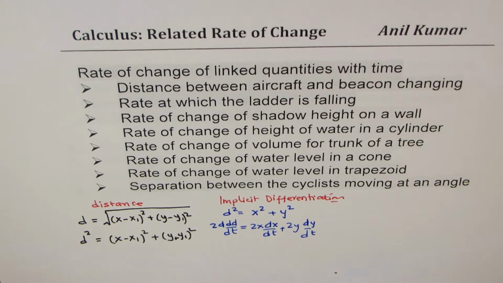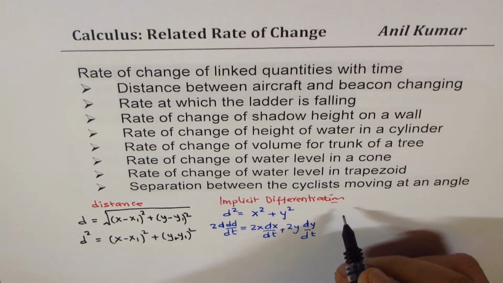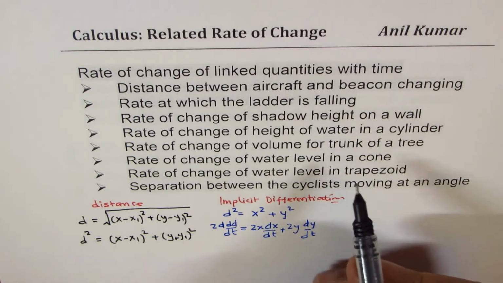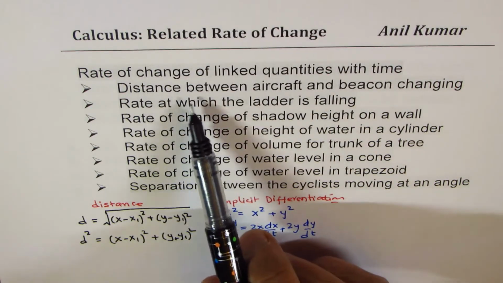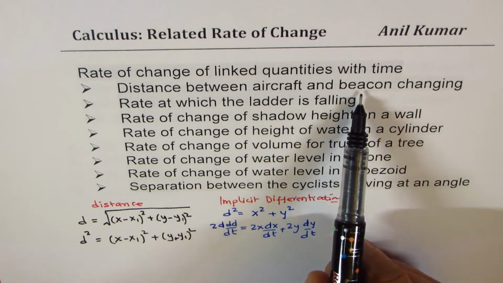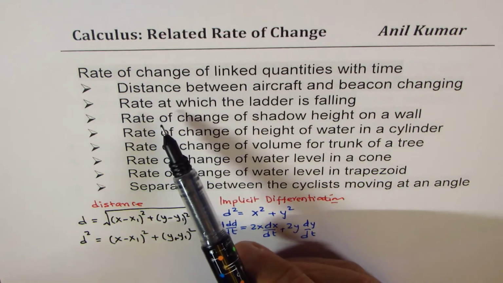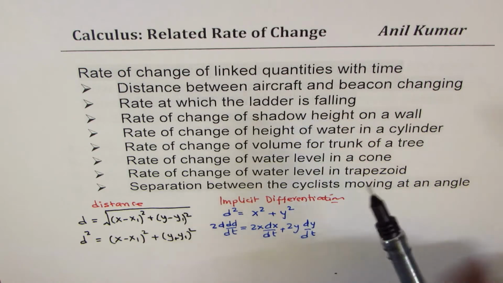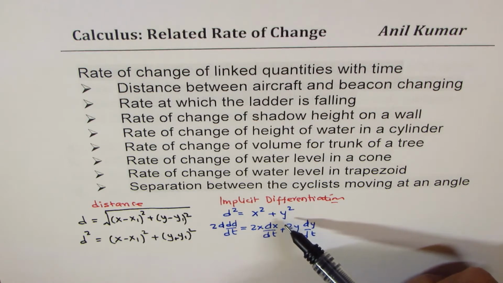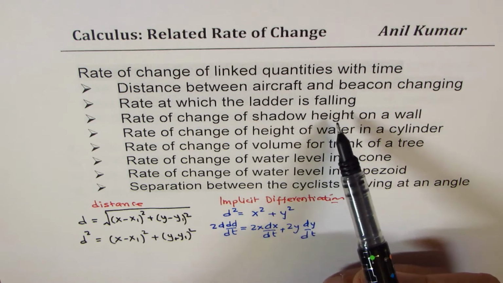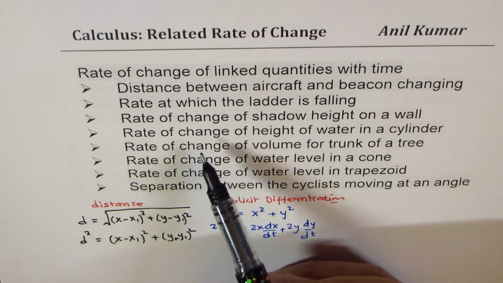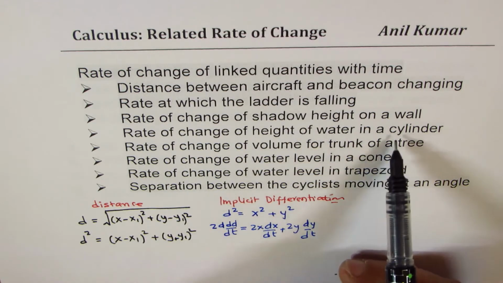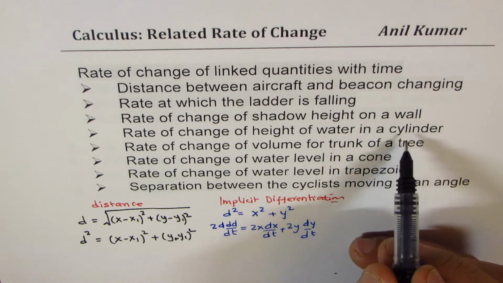You might also use a few formulas. For example, here we are talking about distance between aircraft and beacon changing, that is this formula. Rate of change of ladder, so there'll be a right angle triangle where that distance formula can be used. Rate of change of shadow is kind of similar. Rate of change of height of water in a cylinder.